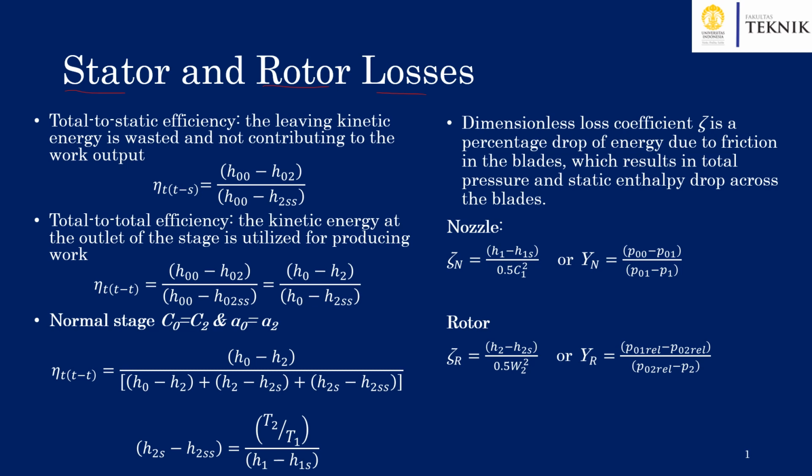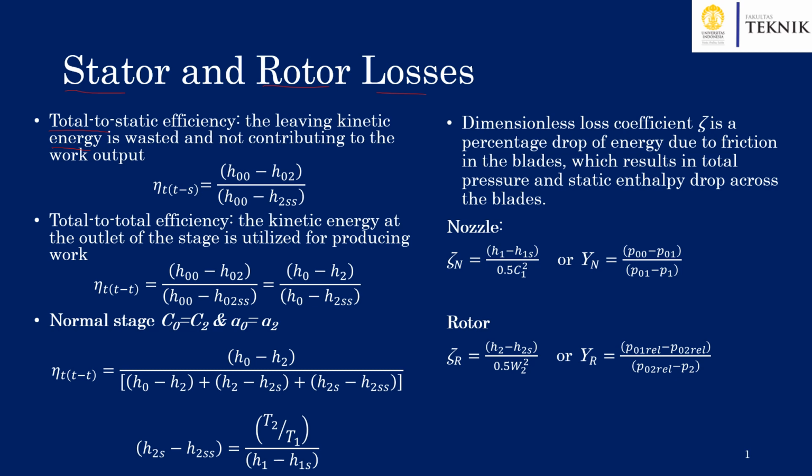To be able to discuss these losses, we need to look at this parameter known as the total to static efficiencies. This is actually the ratio between the leaving kinetic energy that is wasted and not contributing to the work output.